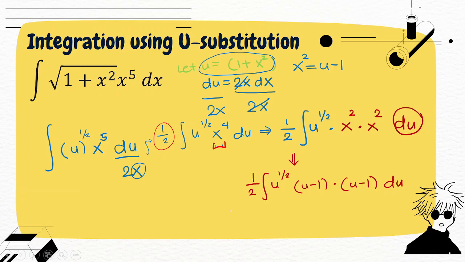Okay, so basically, pag sinimplify ko, equal ito sa 1/2 times integral u raised to 1/2 times (u minus 1) times (u minus 1), that is (u minus 1) squared. So, finally, I can now solve that one. How? I will expand this (u minus 1) raised to 2.